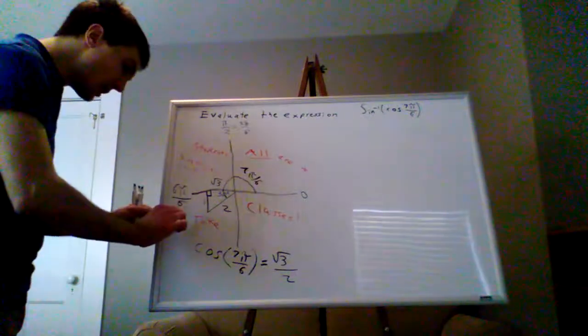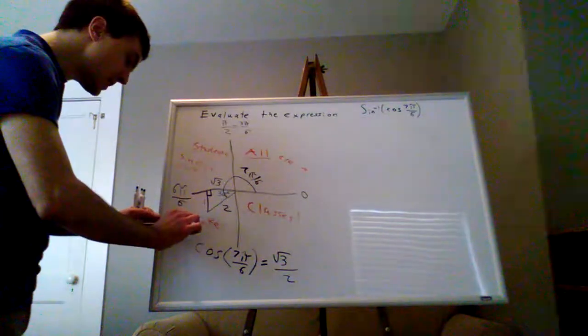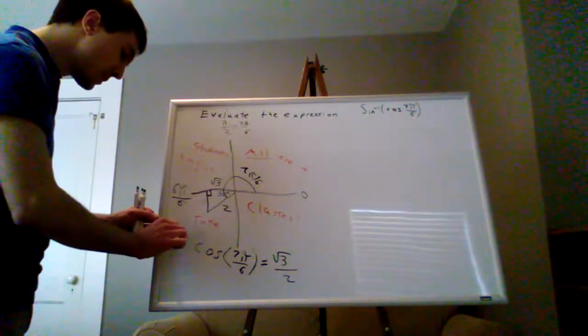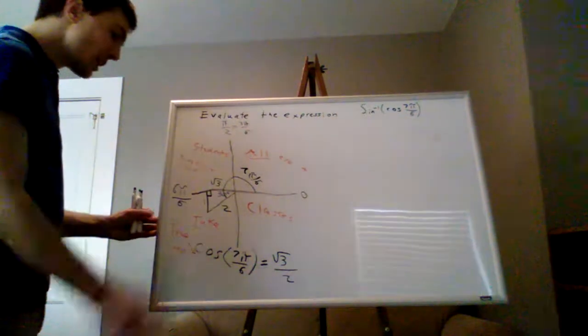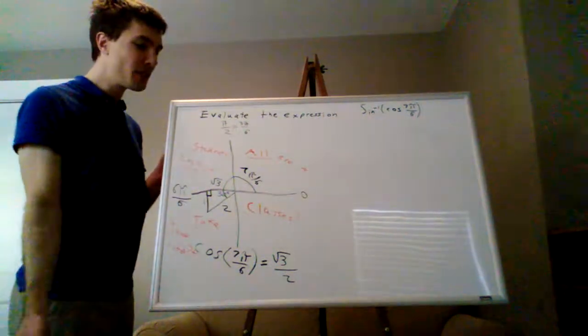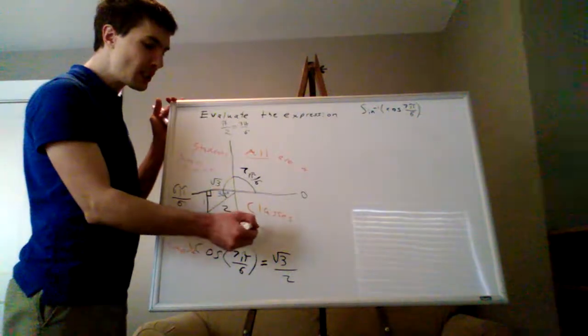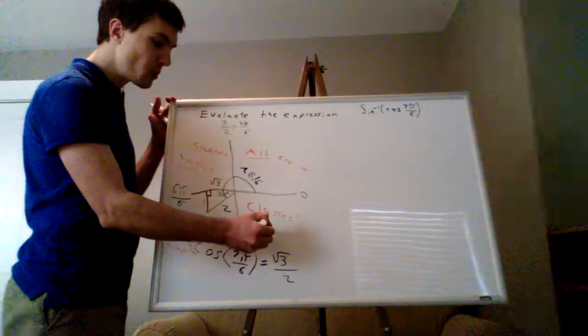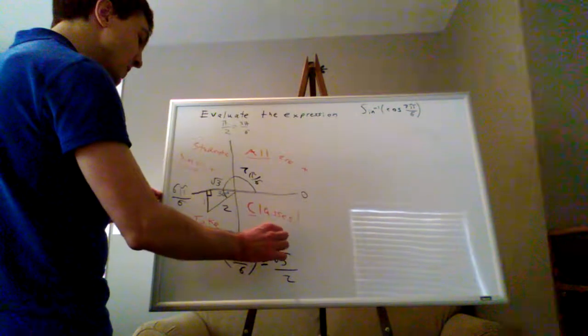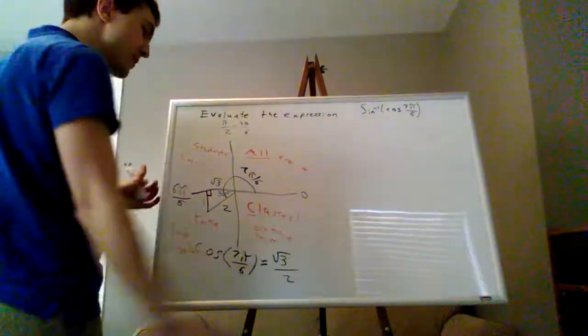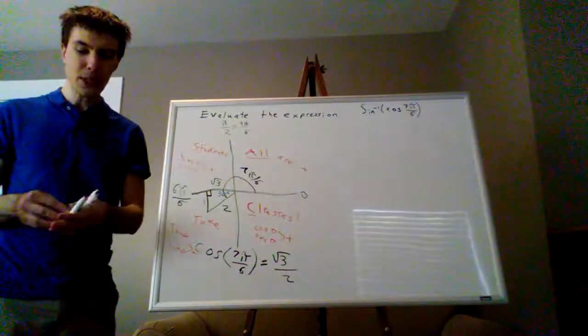Probably tangent, which means that tangent and its reciprocal, cotangent, are both positive, and all your other trig functions are negative here in the third quadrant. C stands for cosine, so cosine and its reciprocal, secant, are both positive. Everything else is negative in the fourth quadrant.